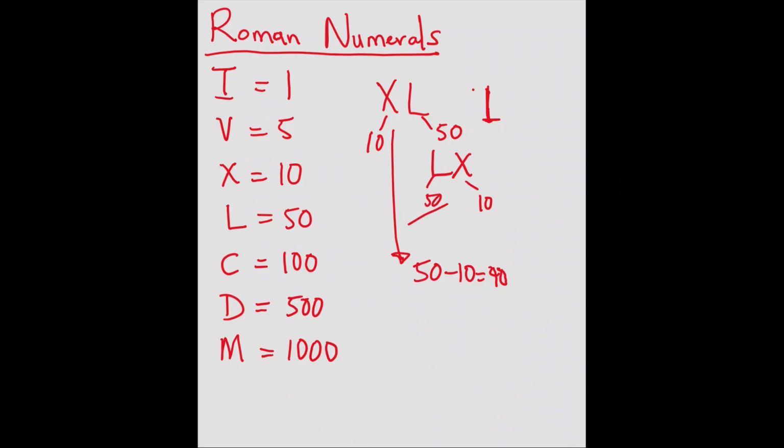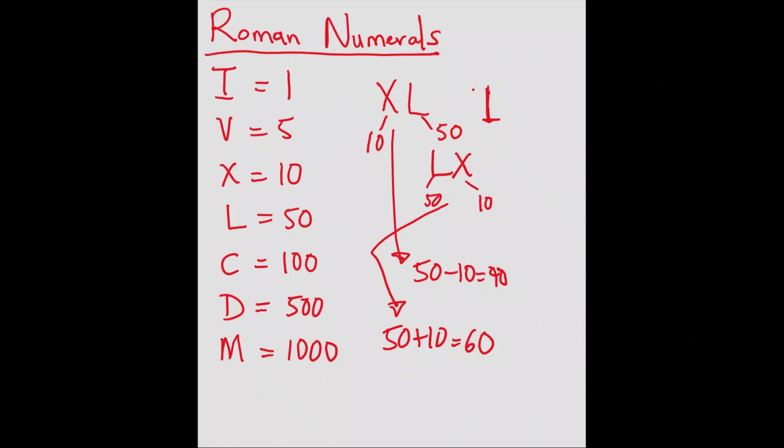And then in this one, we add it up because L is 50 and it's written before X, which is 10. So that's 50 plus 10. That one is 60. Okay?